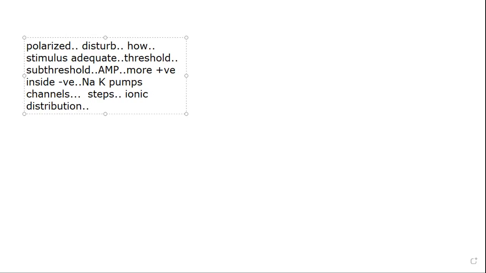Number one, now we can write it down stepwise. When a neuron fiber is stimulated by a stimulus of adequate threshold, this is going to be the first point, and that is disturbance by an adequate stimulation. This is the first point.